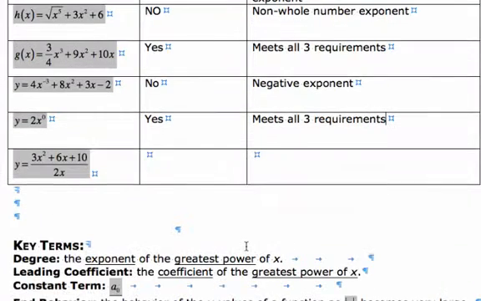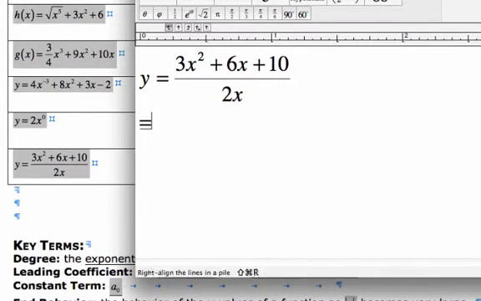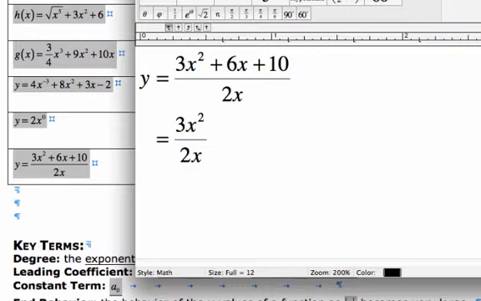And the last function. We have 3x squared plus 6x plus 10 divided by 2x. Before we can answer this one as to whether it's a polynomial or not, we need to simplify. So we're going to take each term in the numerator and divide it by the denominator.